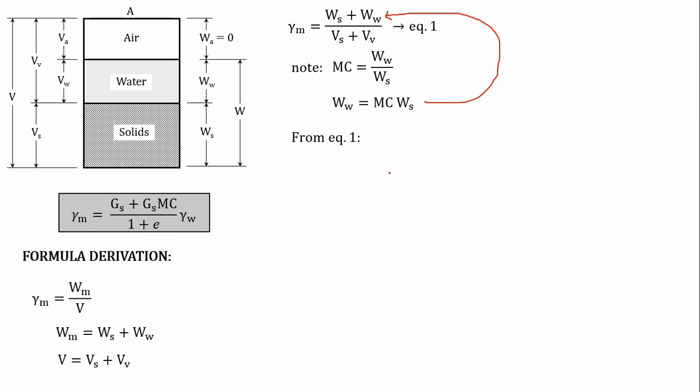Equation 1 will now be moist unit weight is equal to weight of solids plus moisture content times weight of solids divided by Vs plus Vv. Here, weight of solids can be factored. So, we factor it. Moist unit weight is equal to weight of solids times (1 plus MC) divided by Vs plus Vv.